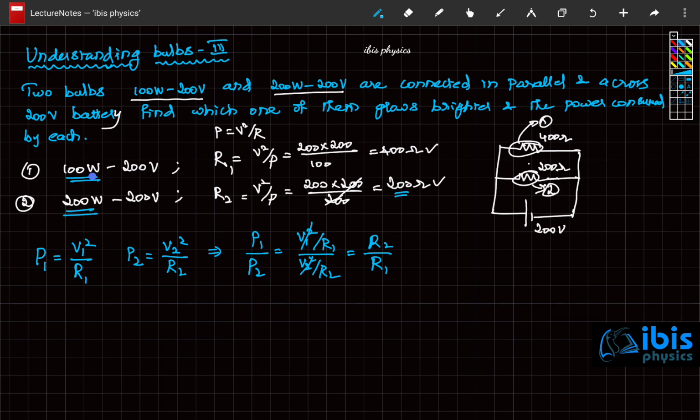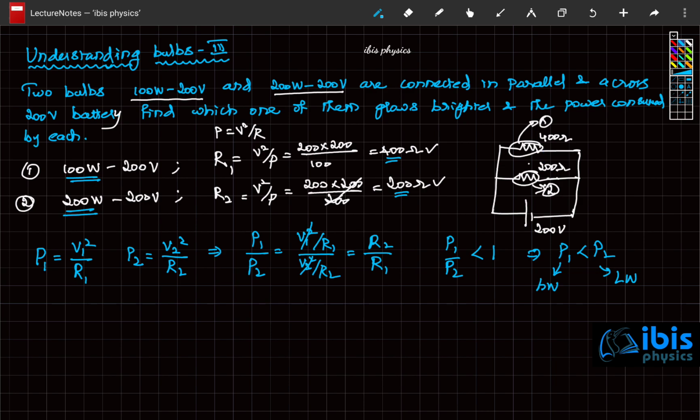The one with lesser design power, same voltages, then resistance will be more. Here you see R2 is less than R1, because the numerator is less than the denominator. So P1 by P2 is less than 1, which means that P1 is less than P2. P1 is the lower wattage, P2 is the higher wattage.